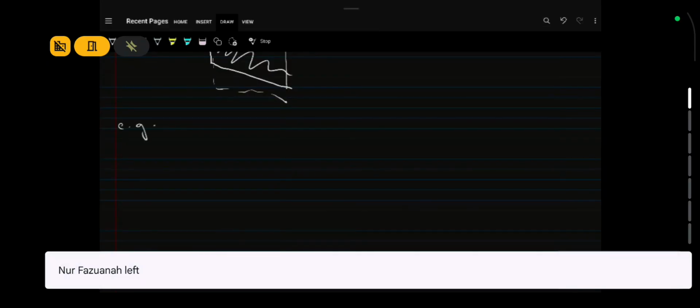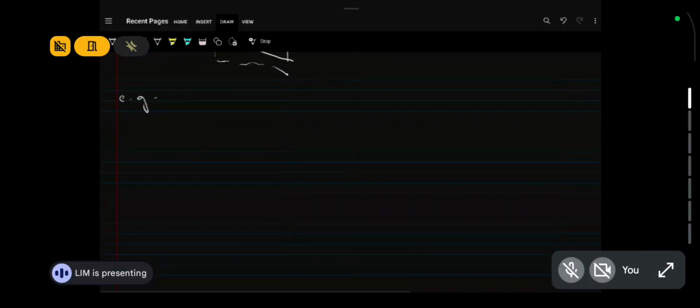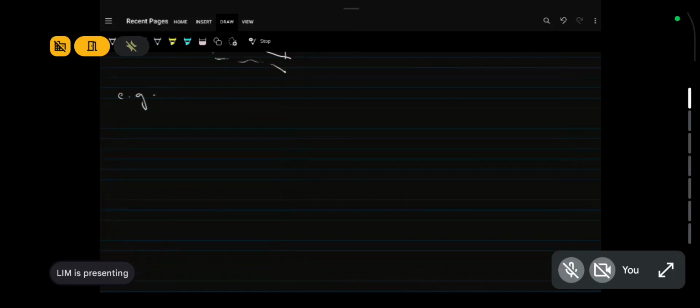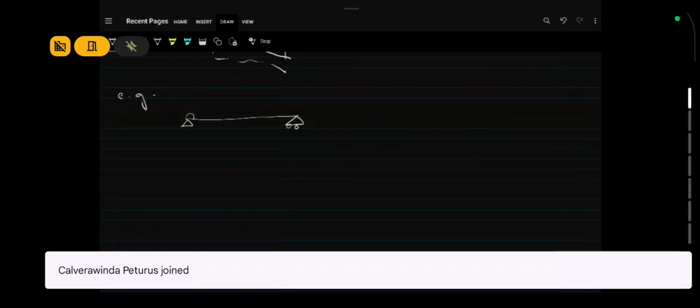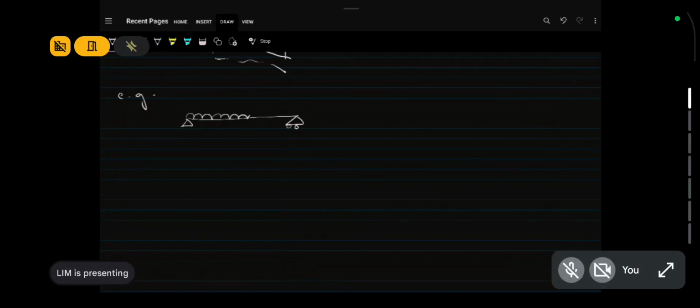Now, this example is slightly different from what we did last week. A simply supported beam with a UDL and with a point load this time.